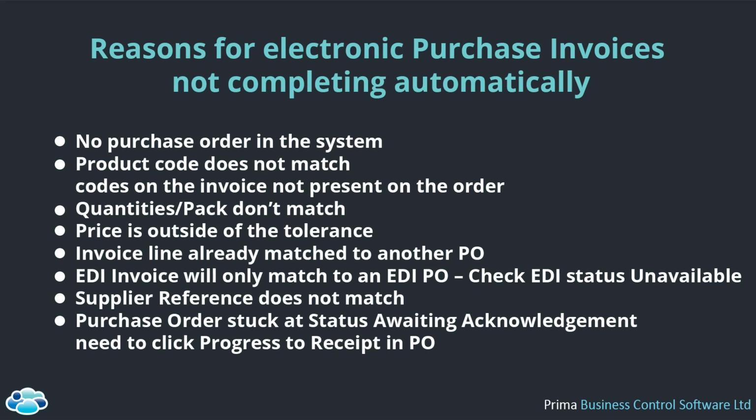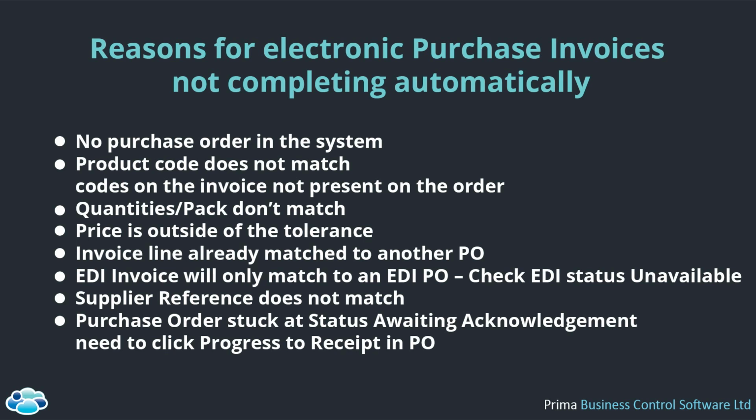And the bottom one, purchase order stuck at status awaiting acknowledgement. It doesn't happen so often, but we've put it on here as a thing for you to check on the purchase order when you think, I'm still not seeing this order come through.